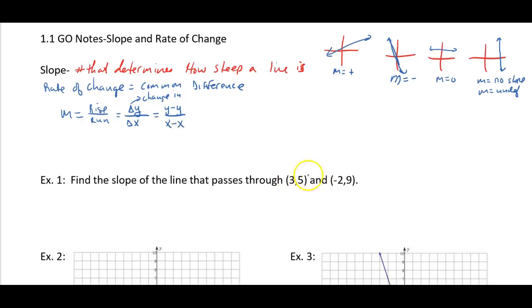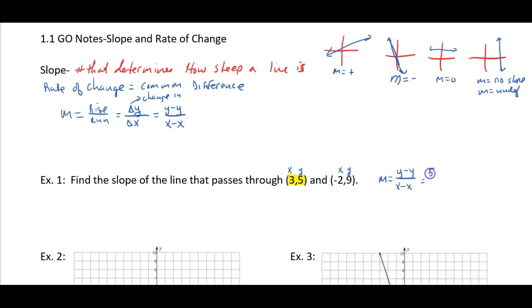The first one, if I look, here's x, here's y, here's x, here's y. Now when I go to find the slope, I subtract the x's over, I subtract the y's. Does it matter which one I start with? No. If I start with this ordered pair, when I subtract the y's, I must start with that ordered pair when I subtract the x's.